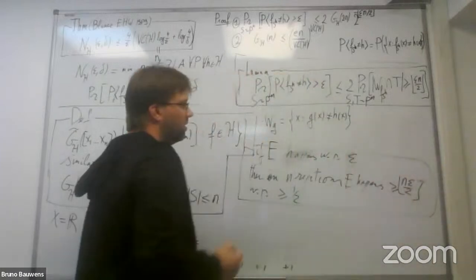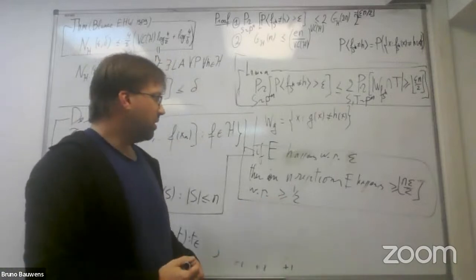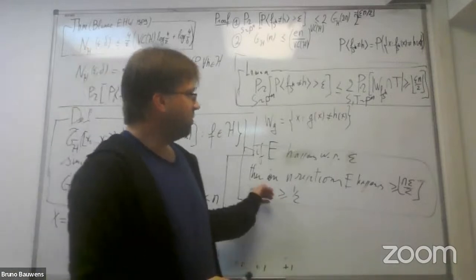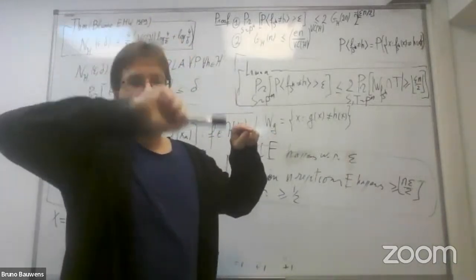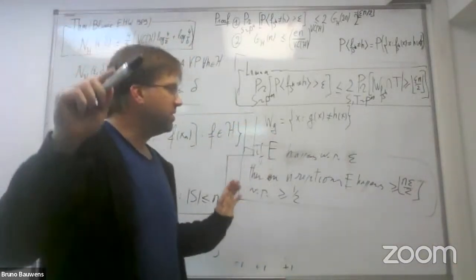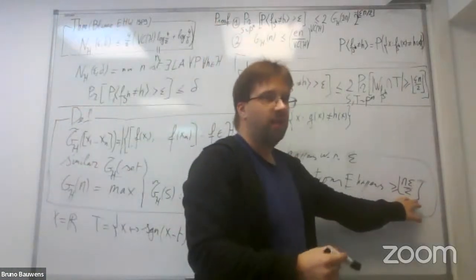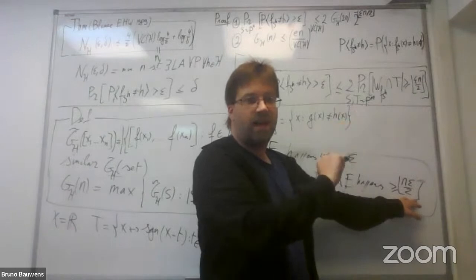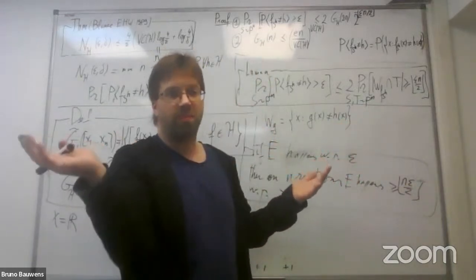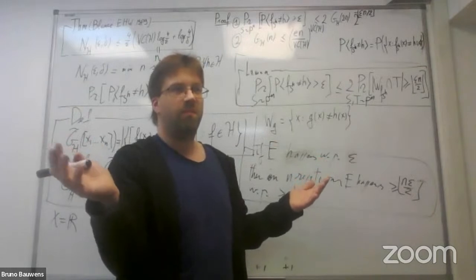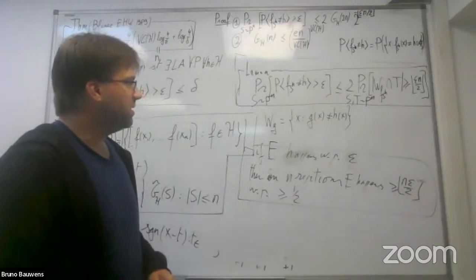Basic observation. Why is this true? Well, you can look at the binomial distribution and you see it's increasing below the mean. So the cumulative probability of the first half must be at least half of the cumulative probability of the rest. This is kind of an obvious thing.